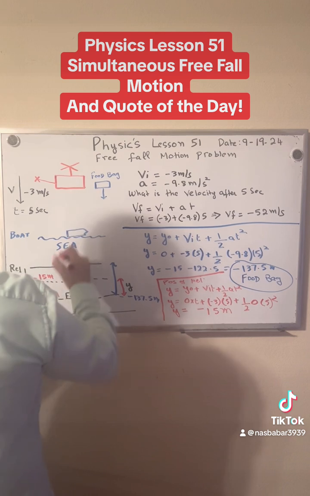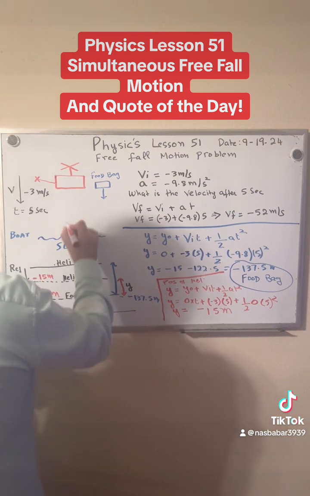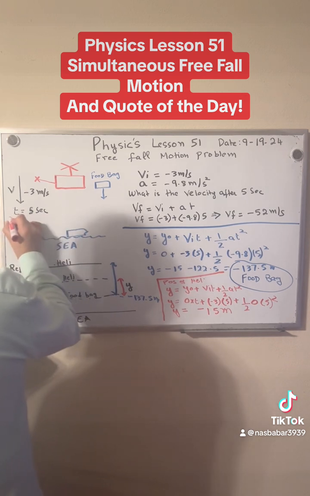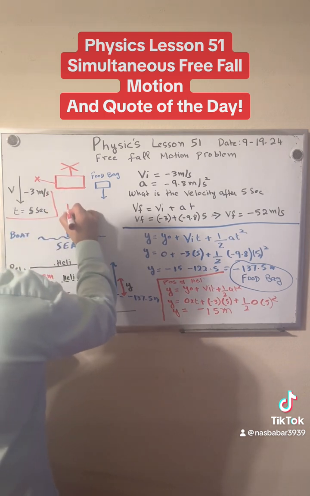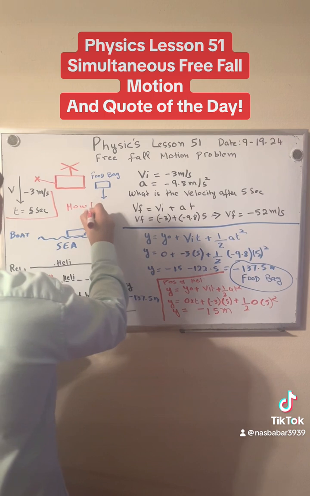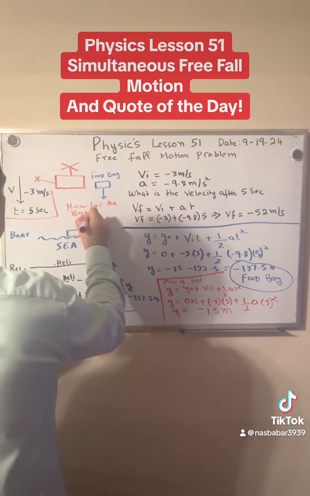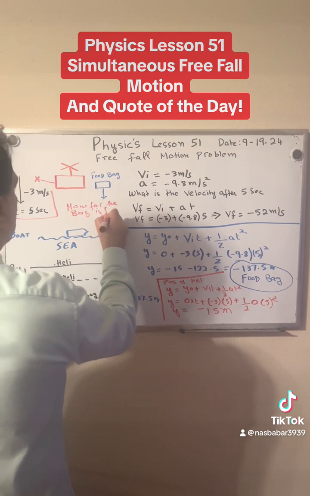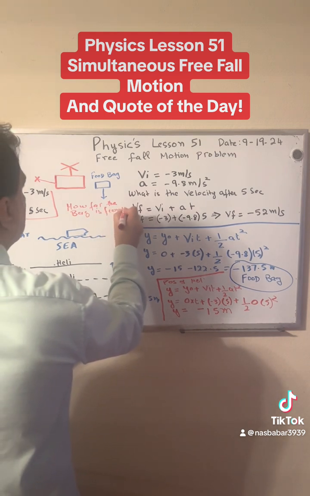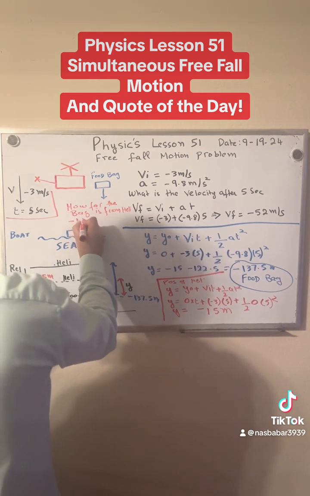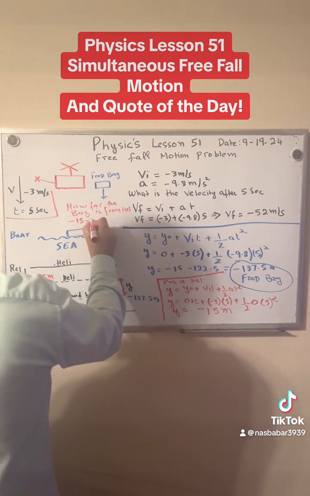All you've got to do is say, let me write this down right here. How far the bag is from heli. So that would be -15 minus -137.5.